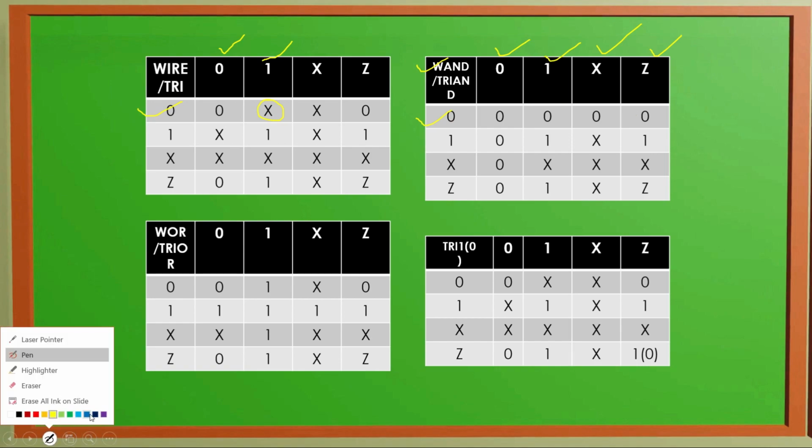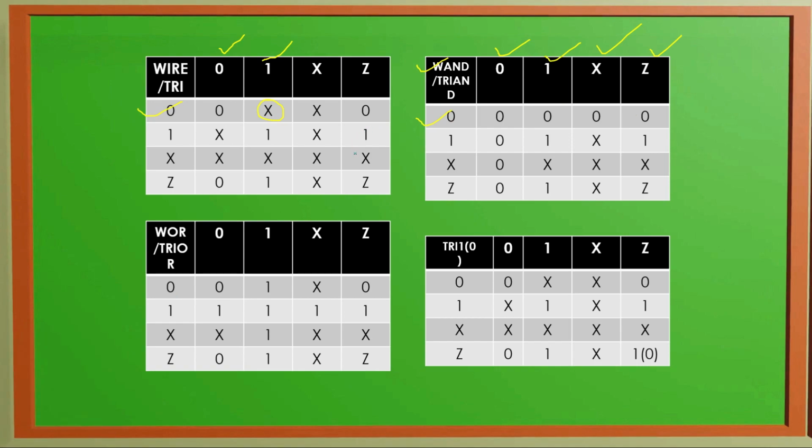Then next, for this: 1 0 gives 0, 1 1 gives 1. In this case we will get 1 because both of them are 1. This one is also 1 and this one is also 1. So x 1 gives 1; the product with 1 will give the same value. Z 1 gives 1.